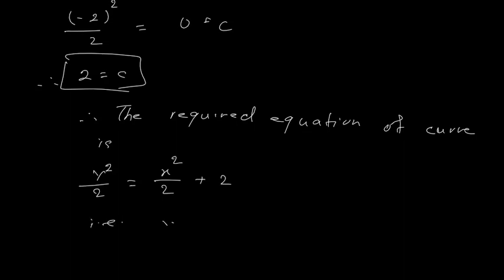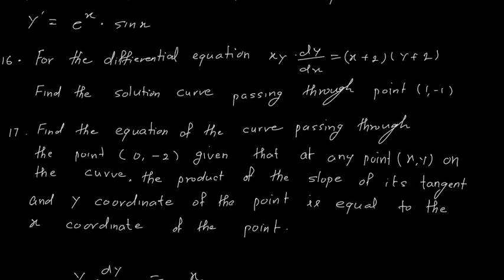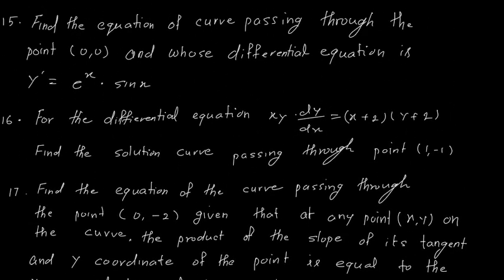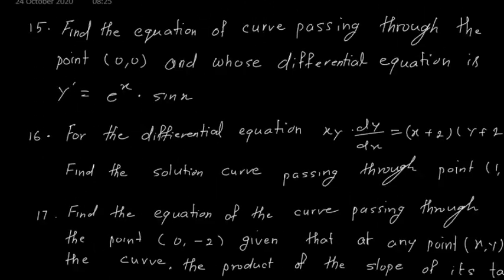We multiply by 2, so y squared = x squared + 4 is the required equation of the curve. So the problem seems to be difficult, but it is a very simple problem, right? Okay, fine. Next, move to the 18th question.